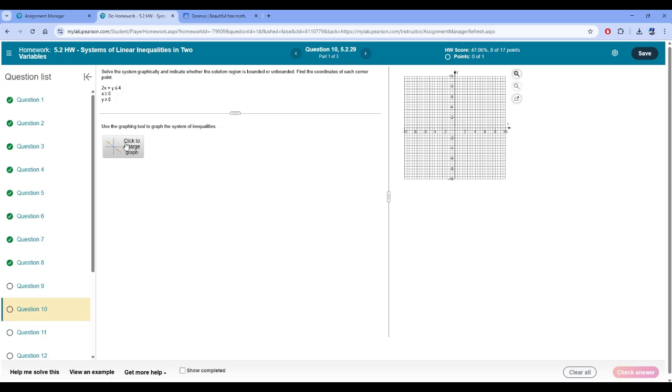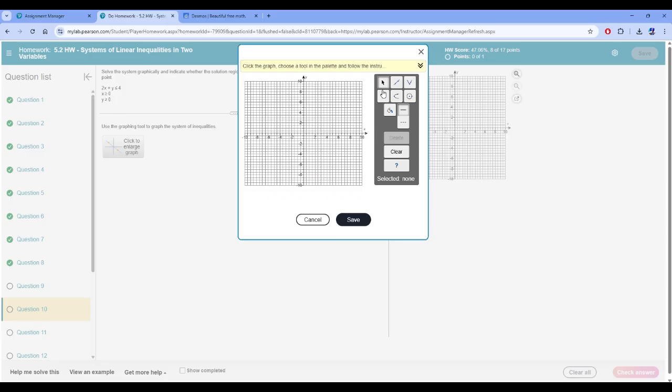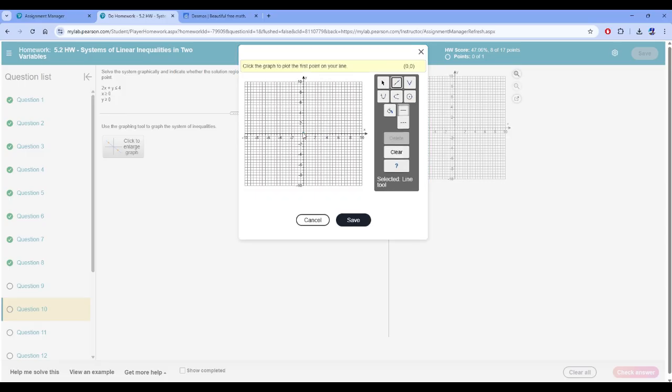I gotta graph this. So here, I'm going to graph first x is greater than 0, y is greater than 0, and I need to graph y equals 4 minus 2x, down 2 to the right 1.